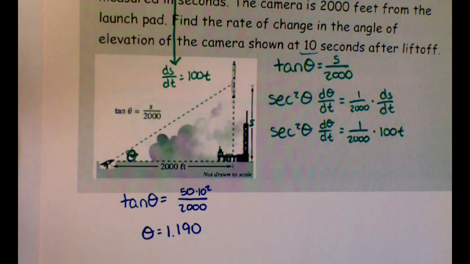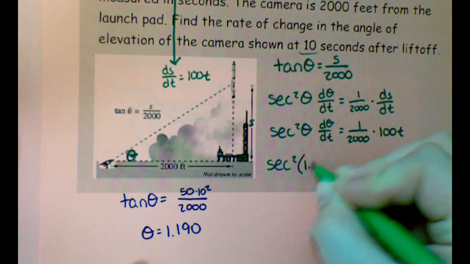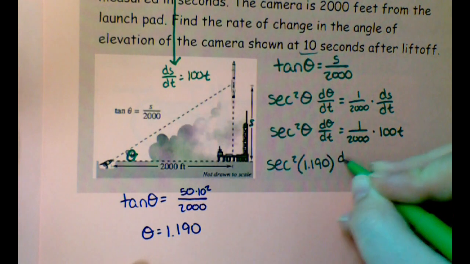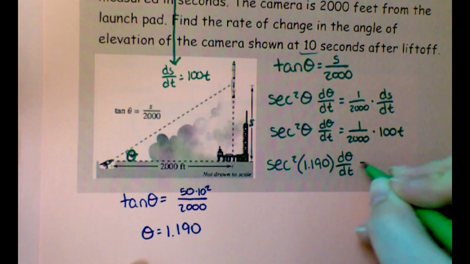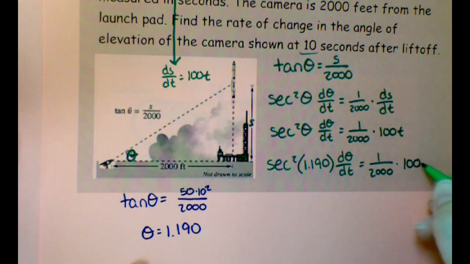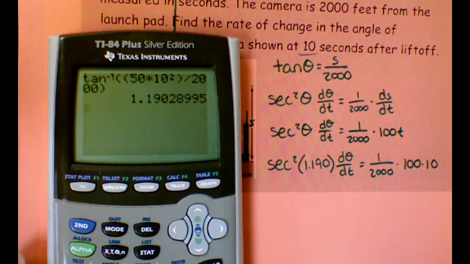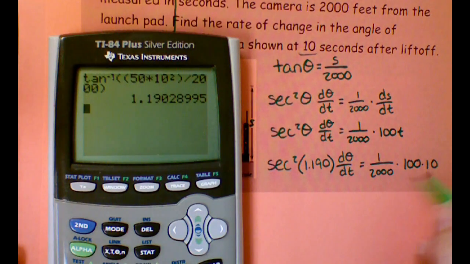When we plug that in, try your best to not round it. So I want secant squared of 1.190-ish d theta/dt equals 1 over 2,000 times 100, t is 10. So to type all this in, I'm going to do this side by hand.